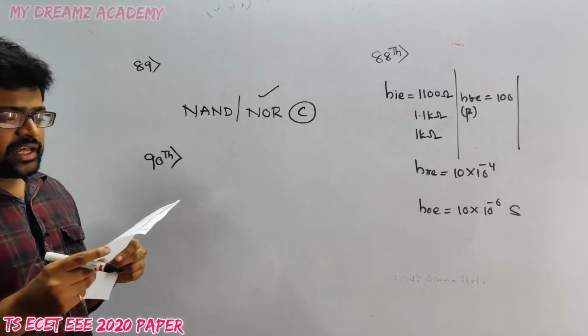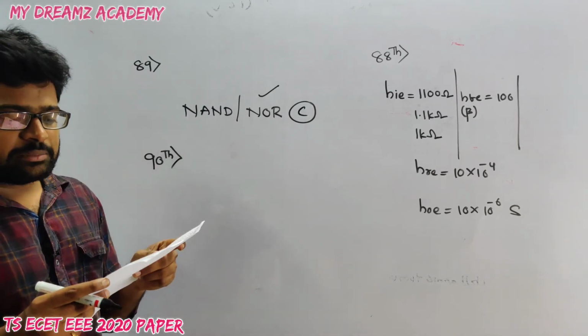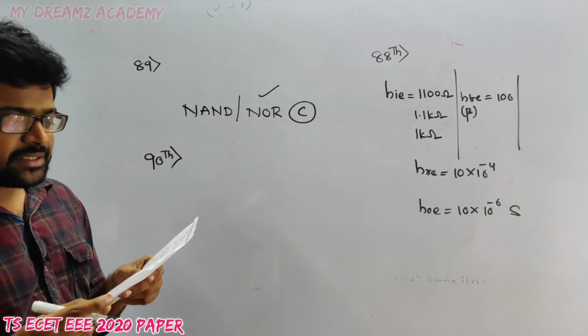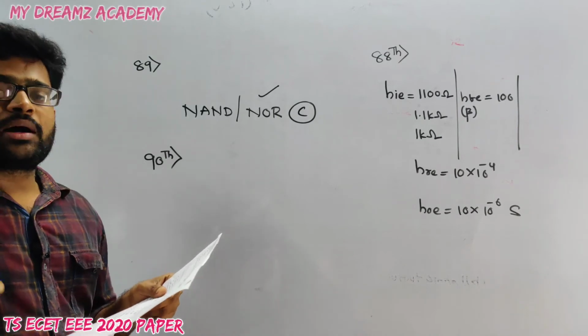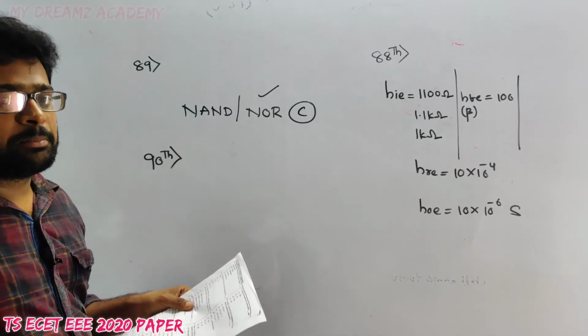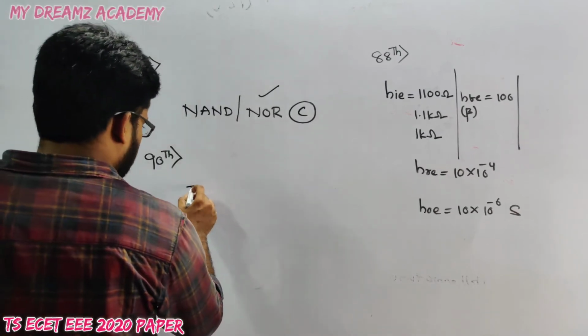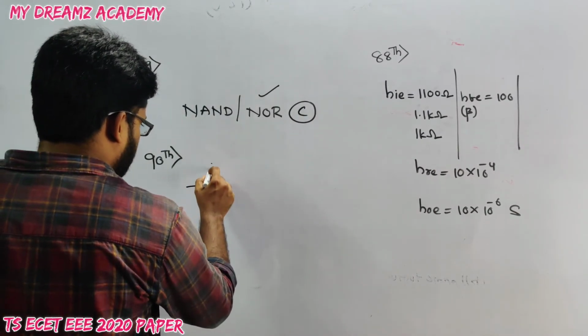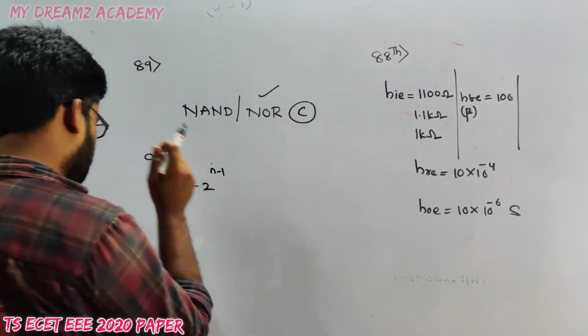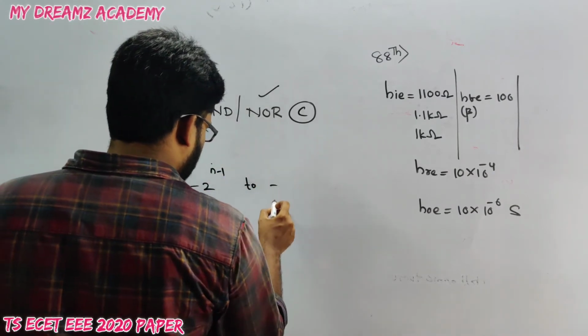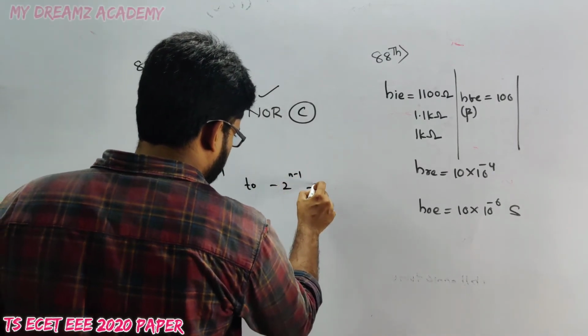Next, 90th question. The range of values that can be represented by n bits using 2's complement representation. It will be -2^(n-1) to 2^(n-1) - 1.